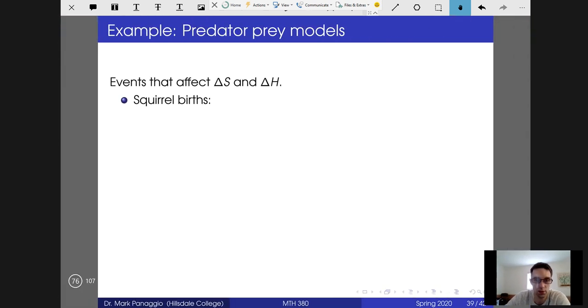The first is, well, squirrels can be born. And if you're trying to model births, the simplest assumption you might make is that the number of births is proportional to the size of the population. The more squirrels you have, the more squirrel babies you have. And so we'll introduce a proportionality constant. We'll call that beta S. So there's our proportionality constant.